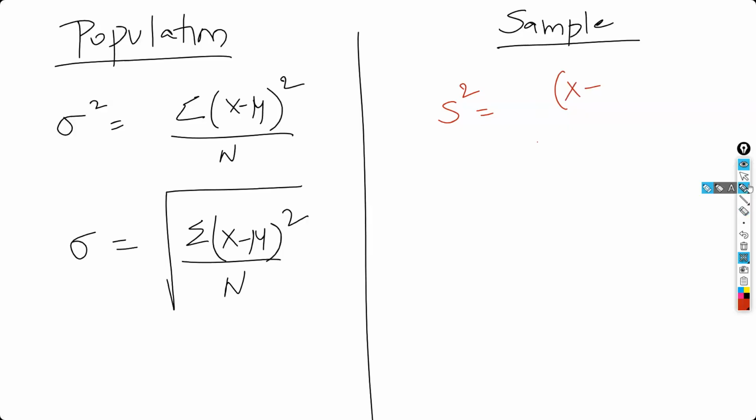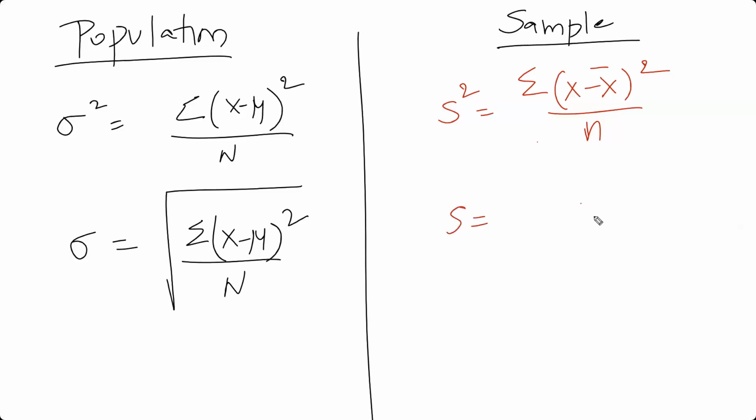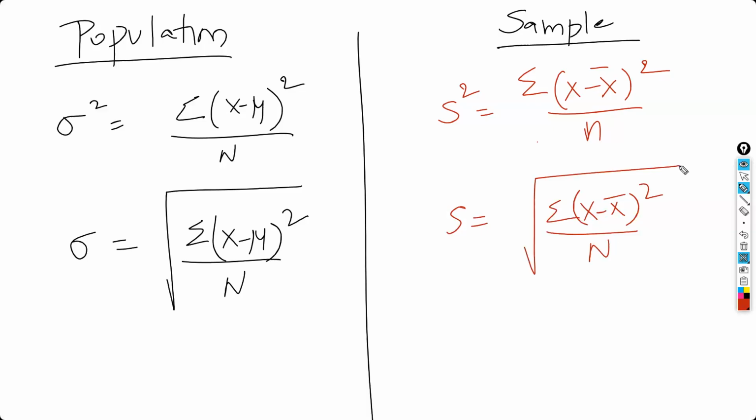How to calculate deviation? x minus x bar is the deviation. For that, whole square, and for that, the mean. Formula-wise we have changed capital N to small n, and wherever mu is there, it is x bar.